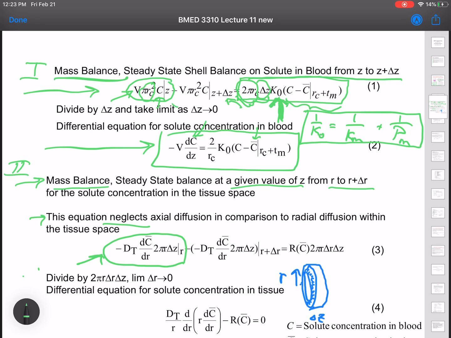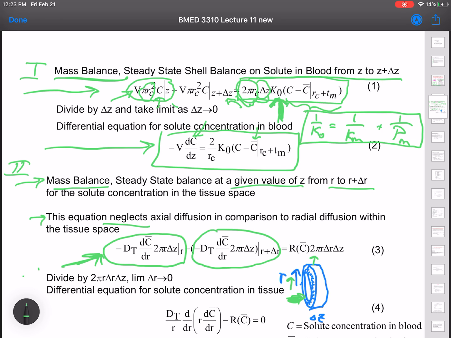Or a ring. It's like a ring. Okay, so this is diffusion in the R direction into our ring. And this is diffusion in the R direction out of our ring.